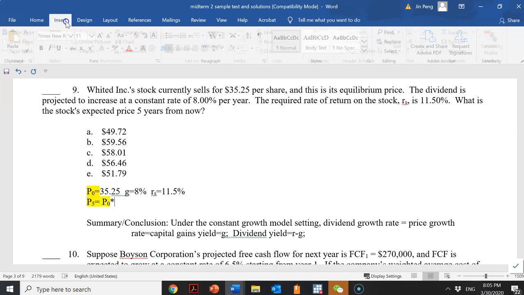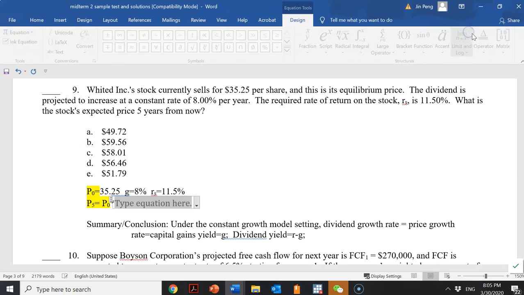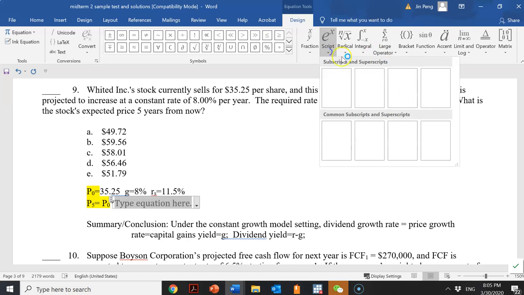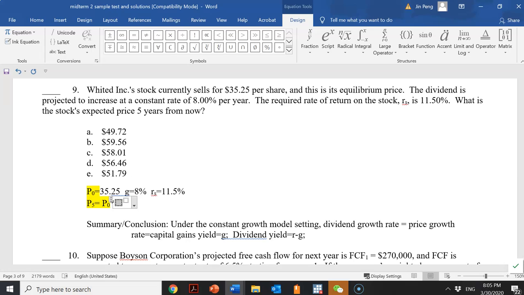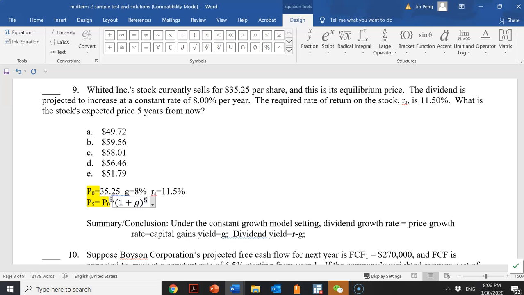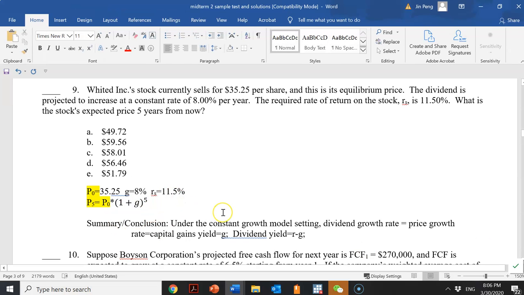Okay, let me insert a formula or equation here so you can see it clearly. Just like our dividend formula, D5 is going to be D0 multiplied by 1 plus G to the power of 5, P5 also equals P0 multiplied by 1 plus G to the power of 5.